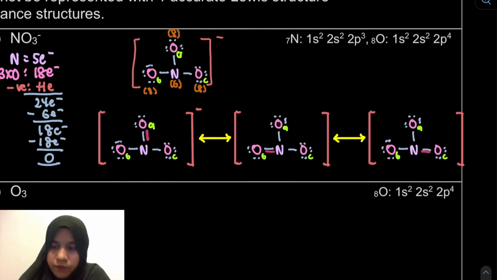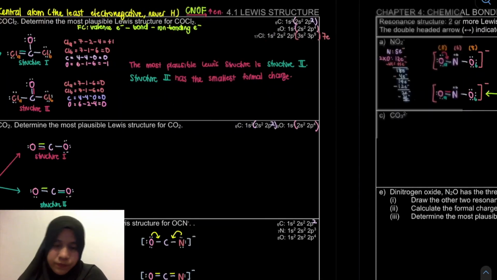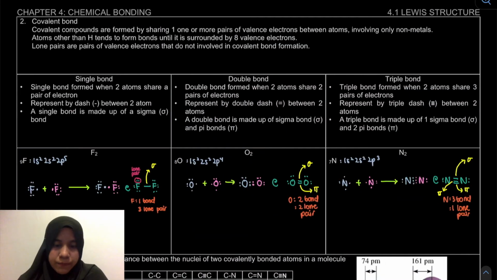Yang ini lupa pula letak negative charge ni. Negatif, negatif, negatif. So again, sebenarnya resonance ni kata lainnya senang nak tahu is actually when the double bond is moved between our different atoms, the movement of our pi electron. Okay, sebab kalau kamu masih ingat lagi yang kita belajar covalent bond awal-awal tu, kalau first bond tu mesti kita panggil dia sebagai sigma bond.